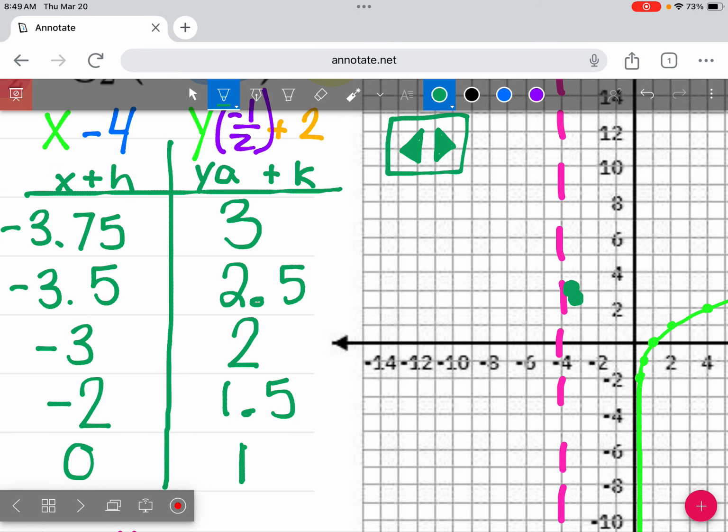Kind of like a little peanut looking thing. Then we have our -3, positive 2, and we wind up with a teeny tiny little baby caterpillar because my dots connect because I got a chunky pen. And then we've got our -2, 1.5, and finally we get a little space here. Woohoo! And then our 0, 1.